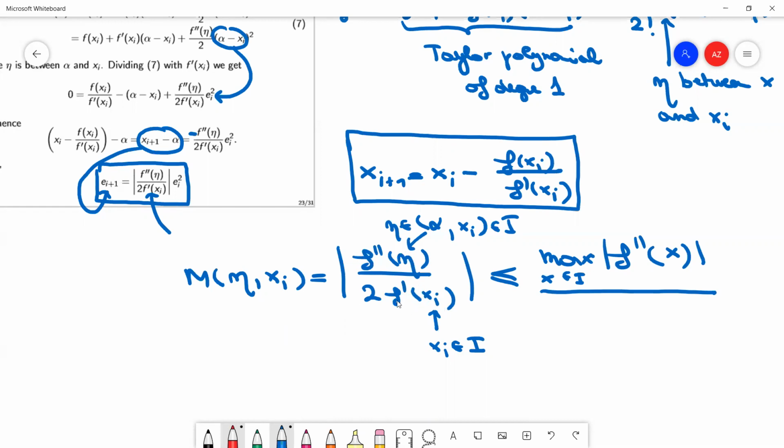So we take the minimum of the derivative of f in the point x, for x in I.